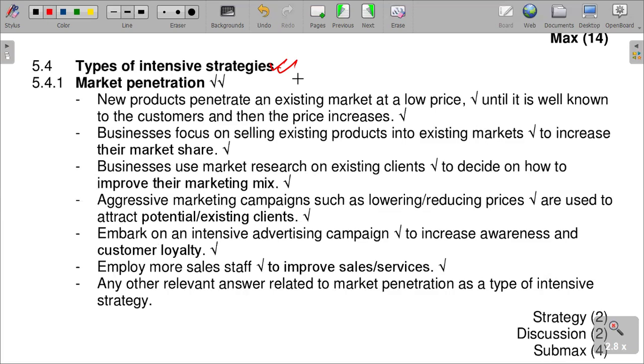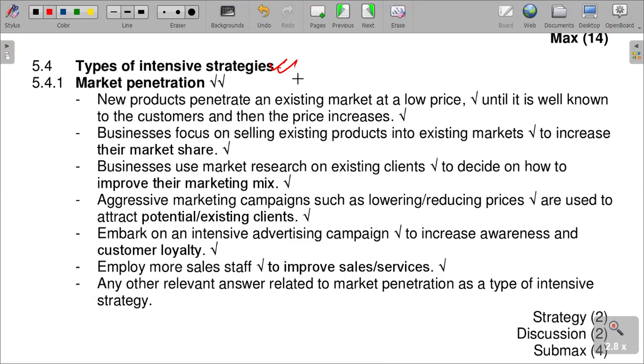In any kind of market environment, businesses can run aggressive marketing campaigns by reducing their prices. Such measures can attract potential and existing clients, and then businesses embark on intensive advertising campaigns to increase awareness and customer loyalty.